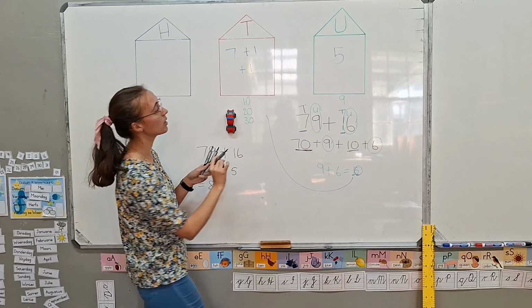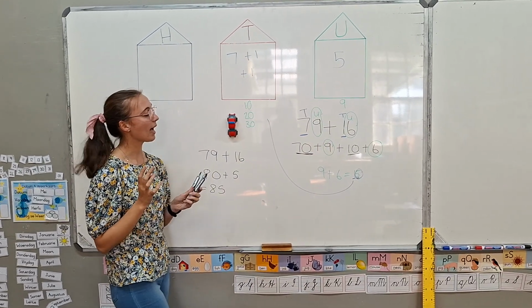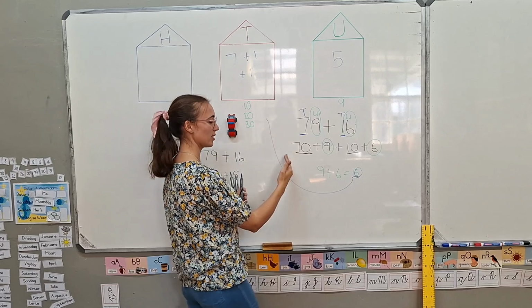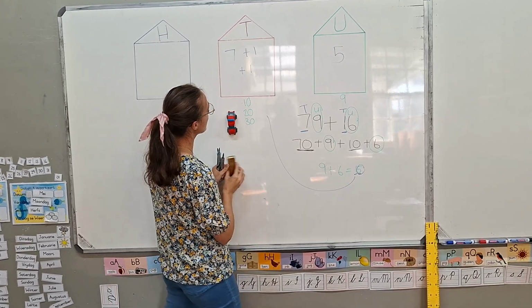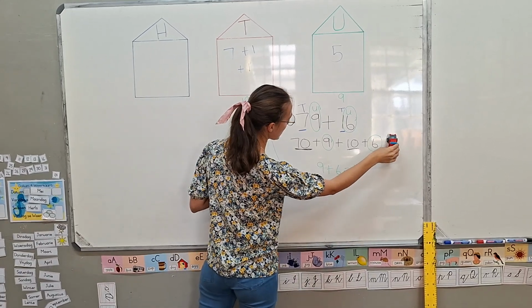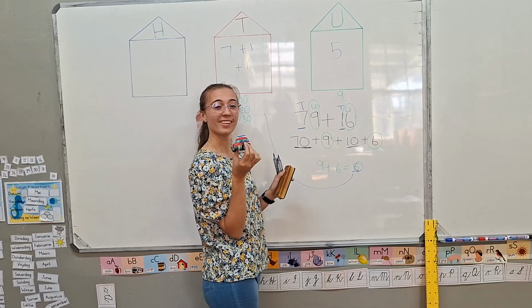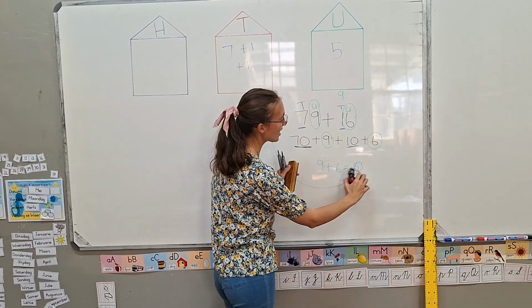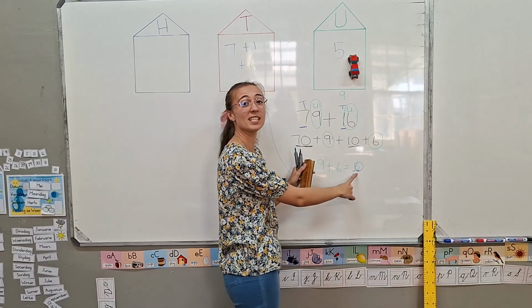All you need to remember is to put it into the correct house and just do it step by step. What I've done here, sorry, I've just erased it, is I've made use of the taxi. The taxi at the unit house was full because it had 15.